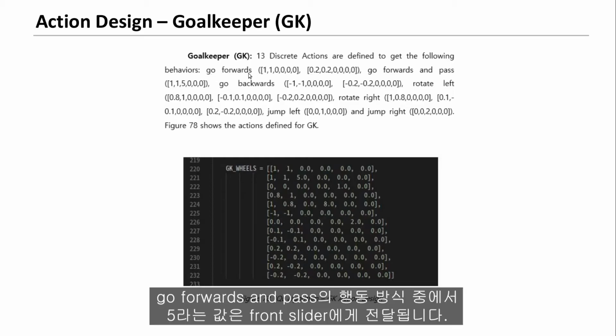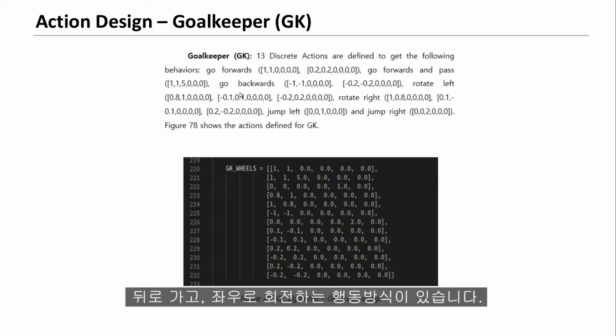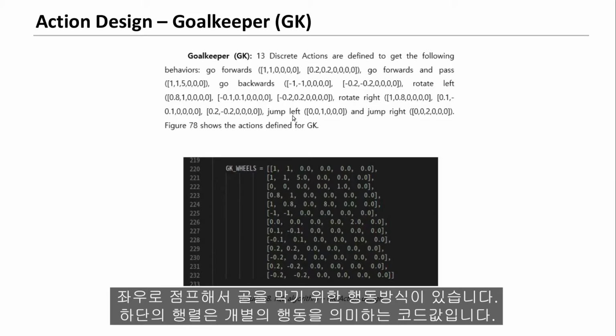So I have the go forwards behavior, and the go forwards and pass, where in the third one I have the value of 0.5 for my front slider, that's half force for my front slider. I have go backwards, rotate left, rotate right, and jump left and right, because the goalkeeper can effectuate defense by jumping to each side. Those are defined as my actions. And you can see here also the code for that, the matrix that defines my discrete actions.